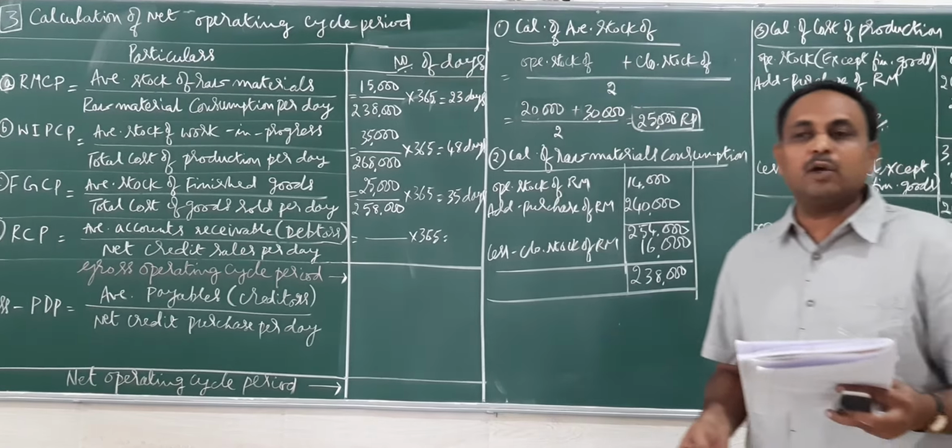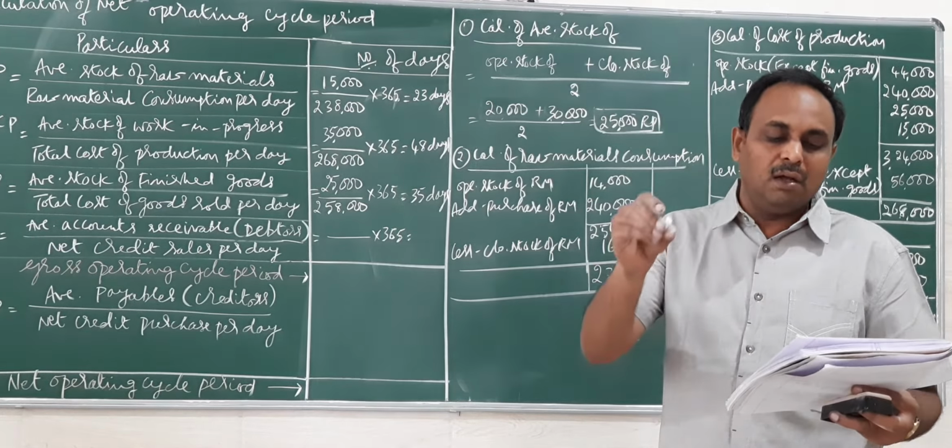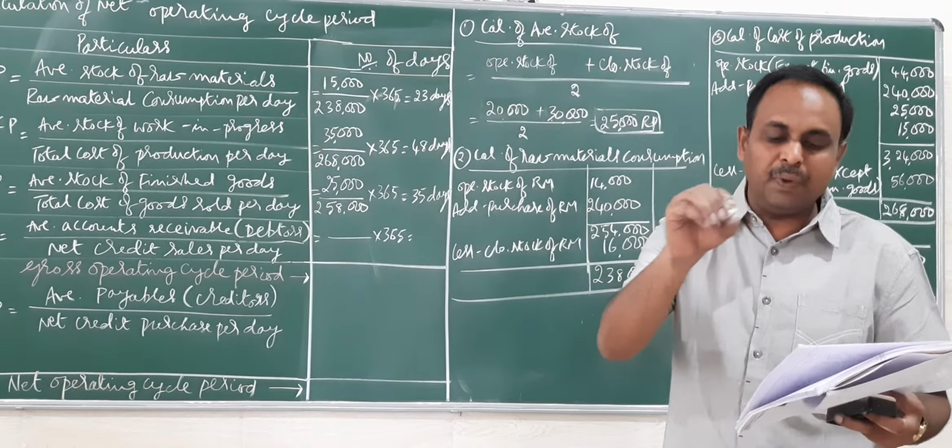For that we have a clue in the problem given therein. So opening debtors is given and the closing debtors is not given. So they say closing debtors is 4,000 more than opening debtors in the information given. So we will calculate the average debtors there.